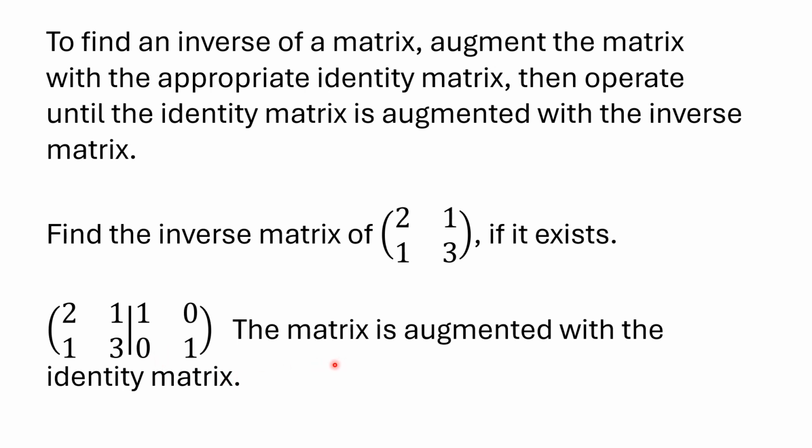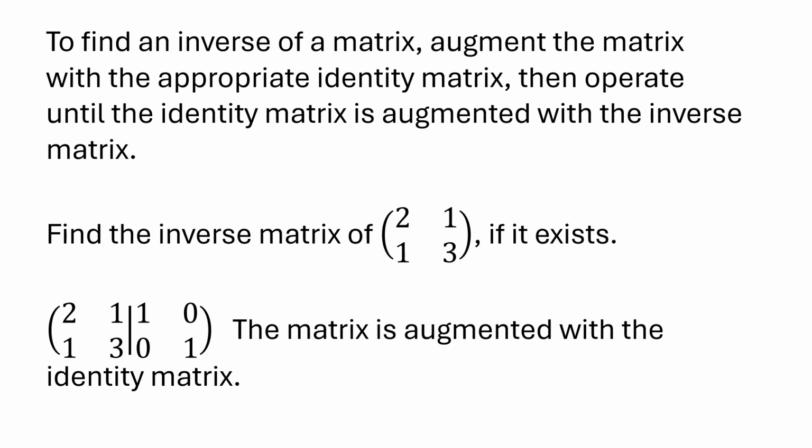The matrix can then be operated on, and what we can do is multiply, or we can take a product of one row and add it to another. And what we're going to try to get is the identity matrix here, 1, 0, 0, 1. It's not always going to happen.